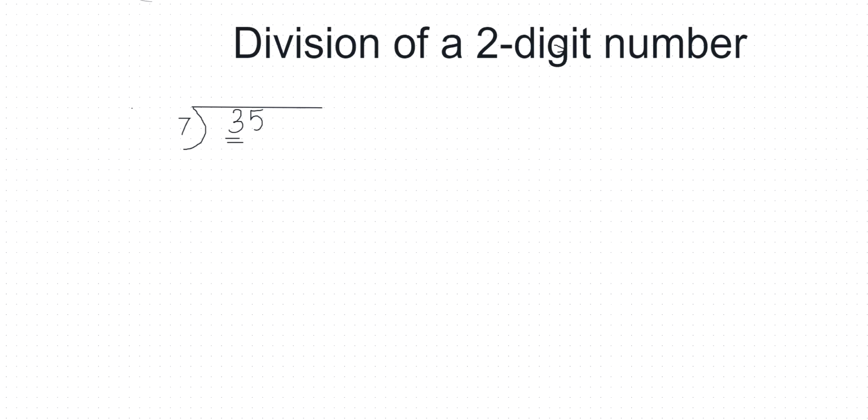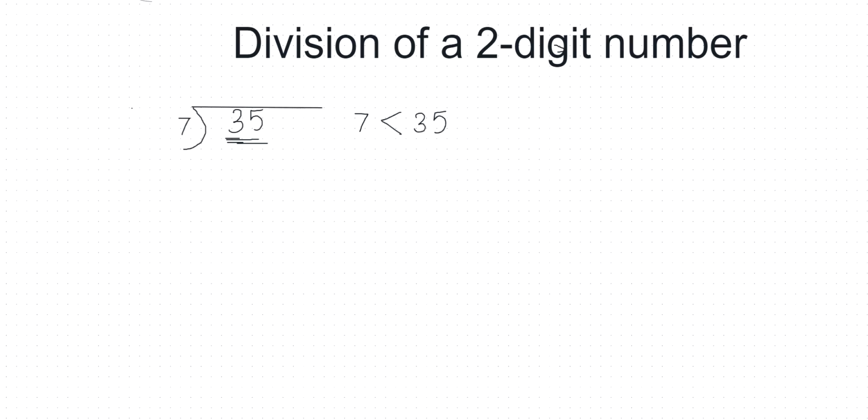Is 3 greater than the divisor? So what you should see is the dividend should be a greater number. So if 7 is a greater number than the dividend, you cannot divide the number, okay? So you're taking 35 as a whole. So here 35 has become greater than 7.